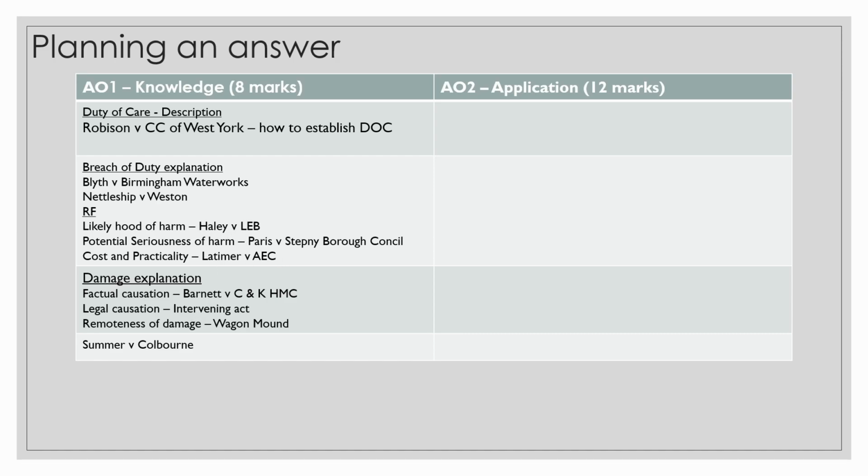Damage, and you've got to give its explanation. And then you look at factual causation, legal causation, and the remoteness of damage, and you should know the cases for them. And then finally, to answer that second part of the question, you can use the case Sumner v Colborne to explain how the landowner doesn't owe a duty of care, and therefore he can't be sued in negligence.